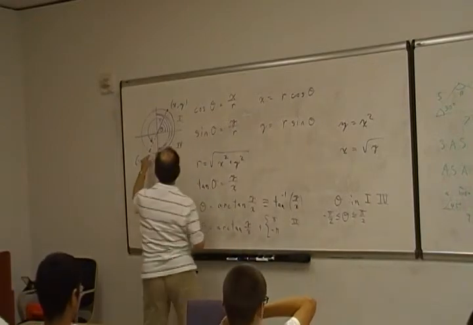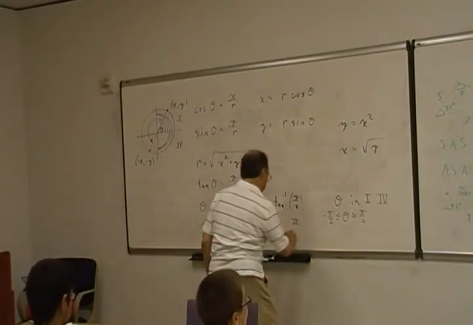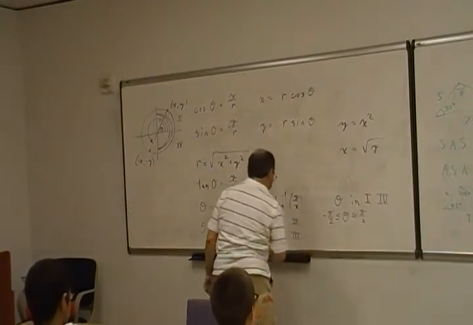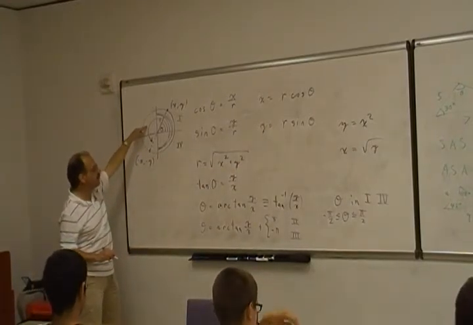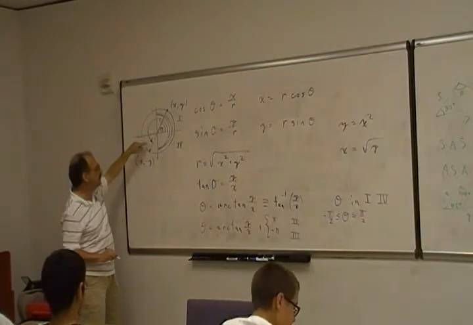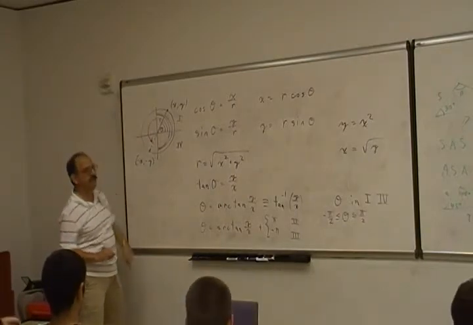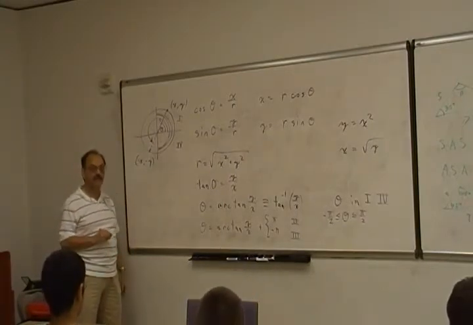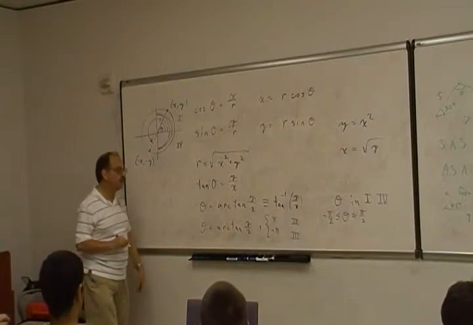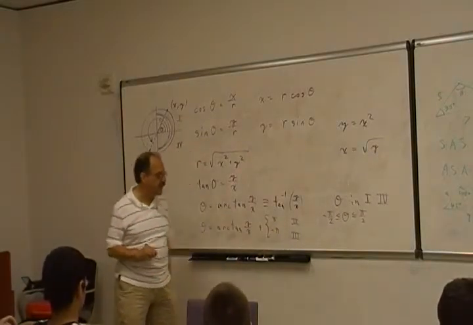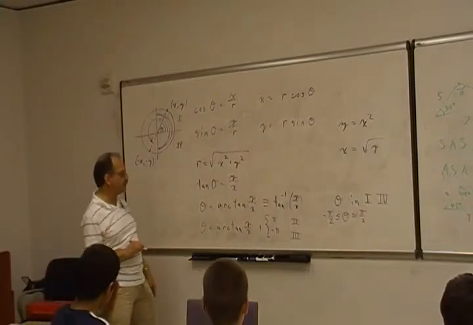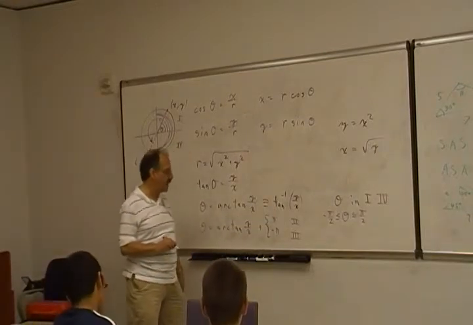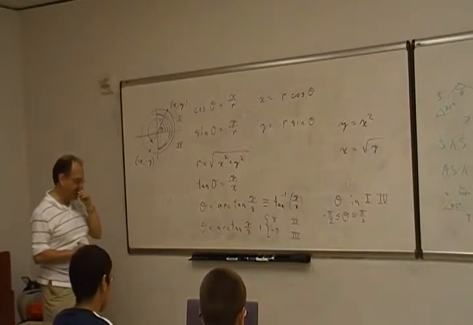In quadrant 3, you subtract pi. That will give you the angles here and here, with the angles always between minus pi and plus pi. There are other ways of doing it. You can always add pi in quadrants 2 and 3. It's a matter of convention. Maple uses, I think, plus pi everywhere, but I'm not positive.